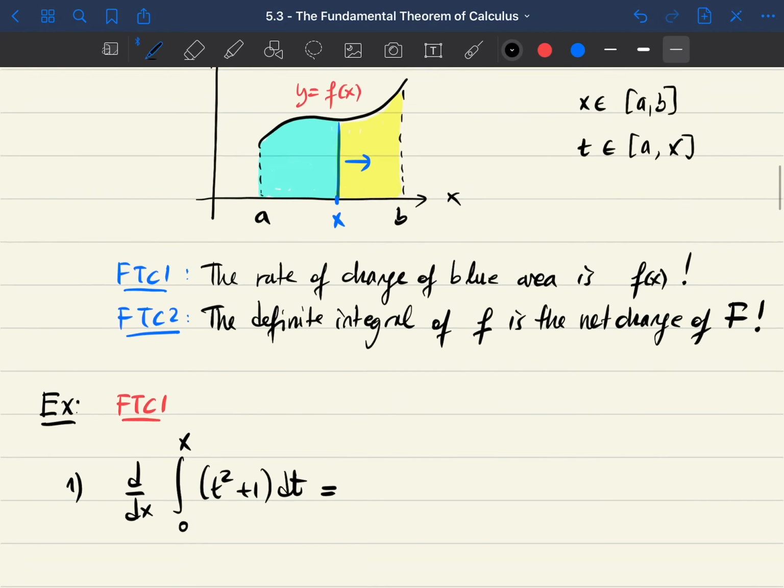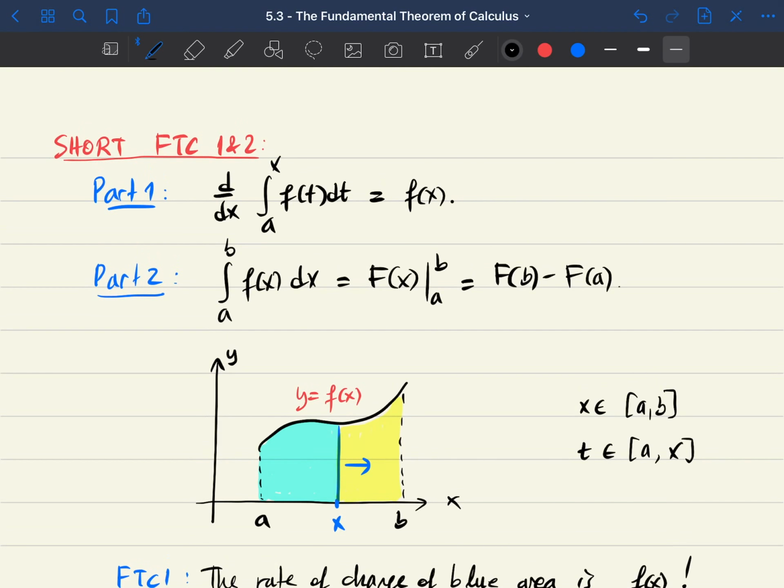According to this theorem here, if you have this derivative and this integral with these limits of integration, now this t is different from this x, they're not the same, okay? So all you need to do is drop all of this and then replace this by x, okay? To get this f of x here.